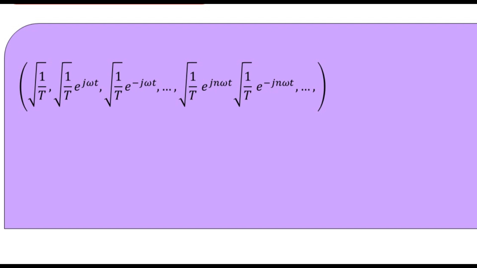Next to that we have square root of 1 divided by capital T, e to the power minus j omega t. And in this way we have, in general, square root of 1 upon capital T, e to the power jn omega t. And next to that we can have square root of 1 upon capital T, e to the power minus jn omega t here.